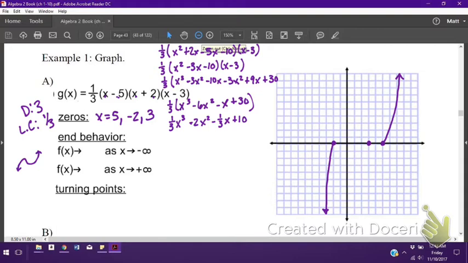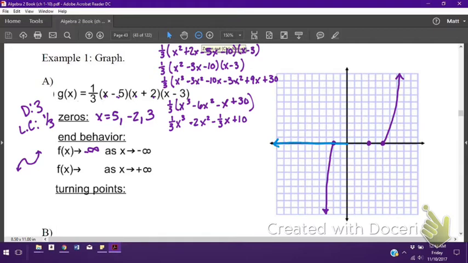So as our graph approaches negative infinity, as x approaches negative infinity, starting at 0, 0, if I were to go left, as I go left, my graph is going negative, right? At least the end result is.